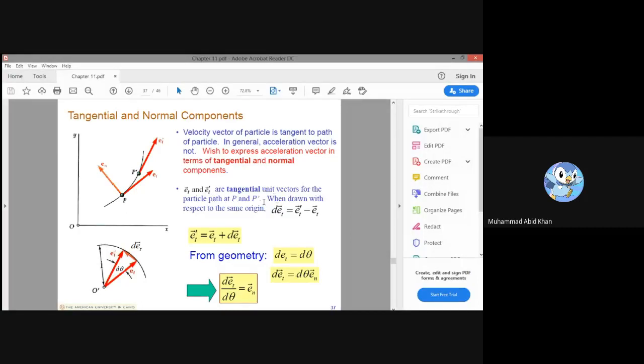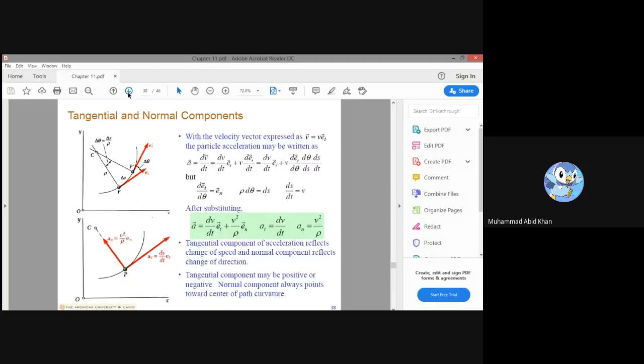These equations are tangential. The unit vector for the particle path at P, this one point P, and P dash, this one. The equation we got from this graph, from the geometry. In this condition, we will use this equation to find the values.